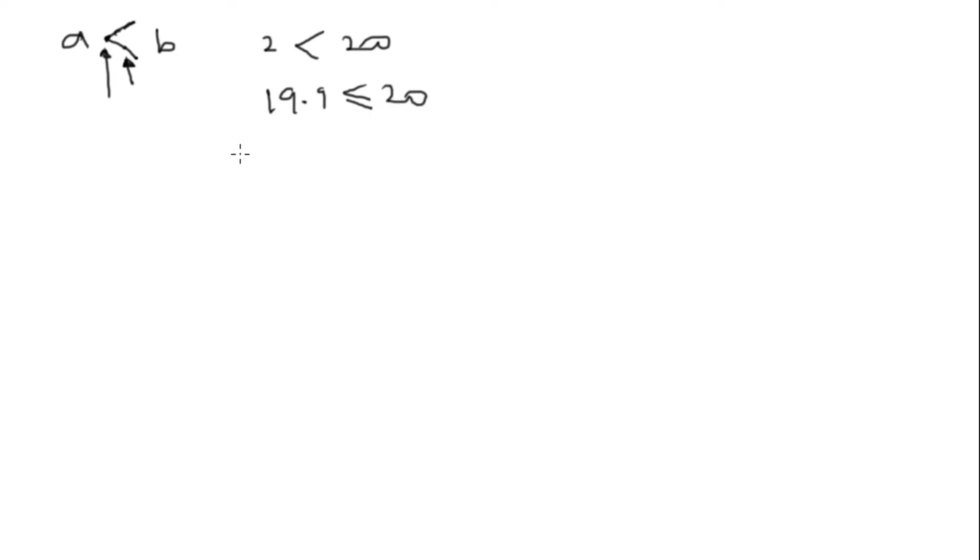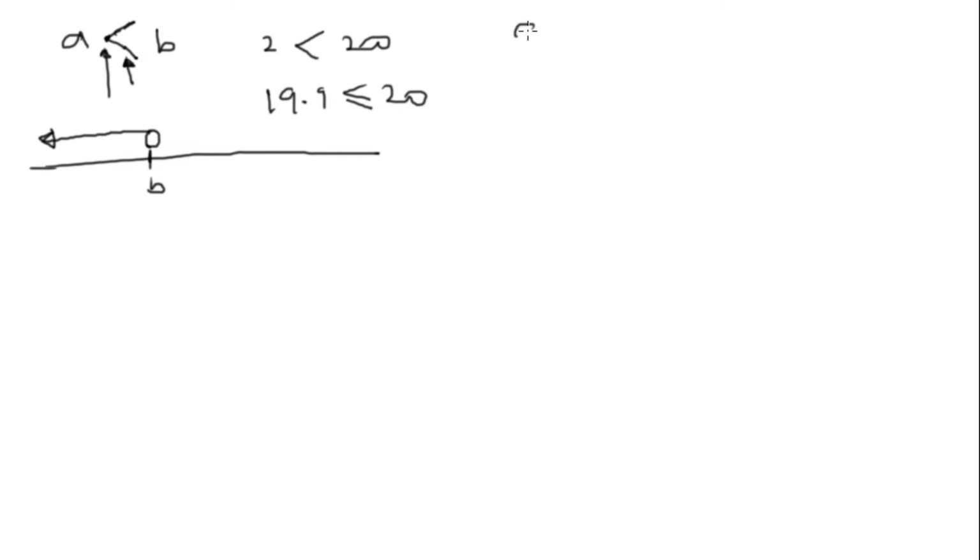Now, let's say you want to represent A is strictly less than B on a number line. Let's say this is B, and then A is strictly less than B will be values of A that are not up to B. So we represent it in this direction.